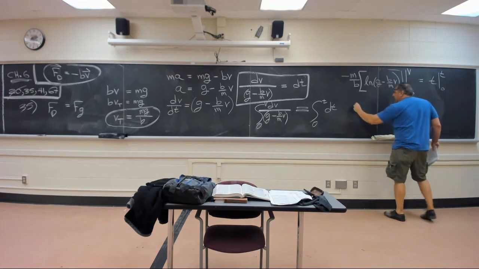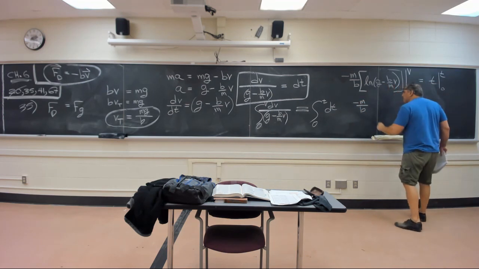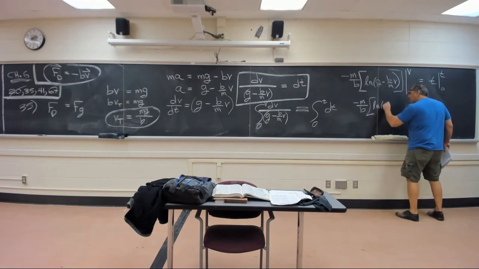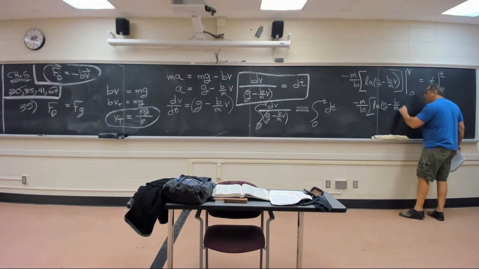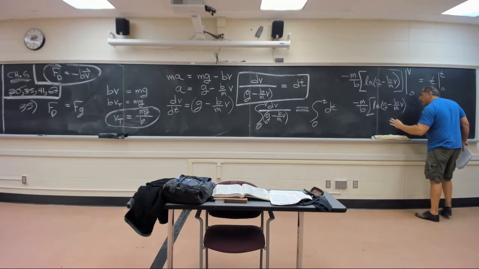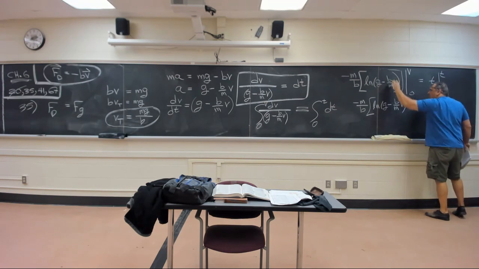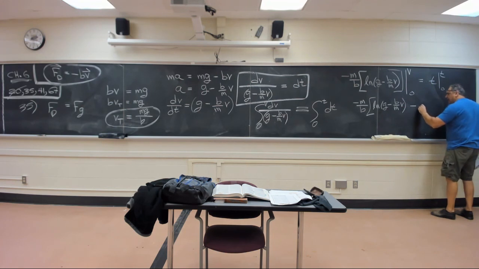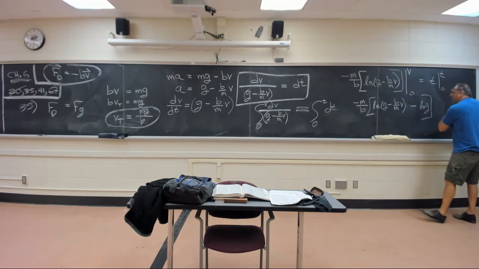So what we got here, guys, is negative m over b ln of g minus b over m v, minus, put the 0 right here, b over m times 0 is 0, that's just ln g. That's ln g. This guy's on the outside, so he's hitting everybody when we're doing this whole thing.